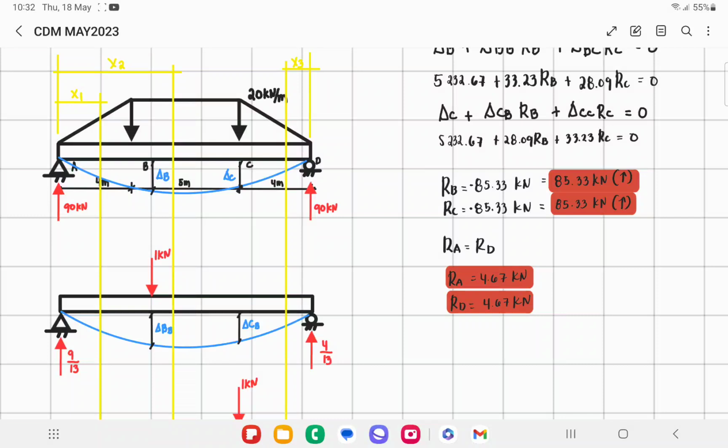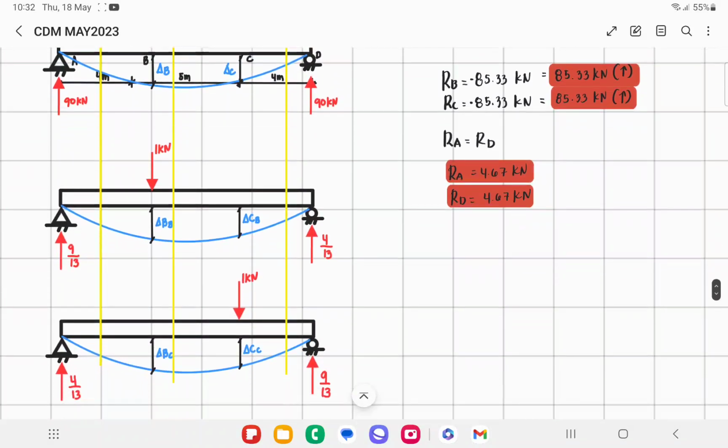Next, for each redundant, we apply a unit value. First, for the reaction at B, this is only an assumed direction of the reaction of our support.